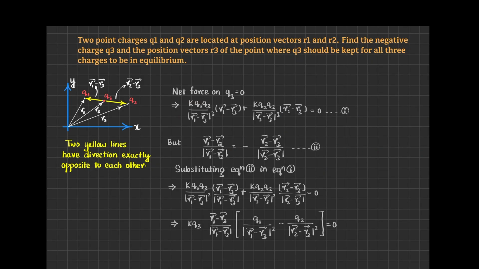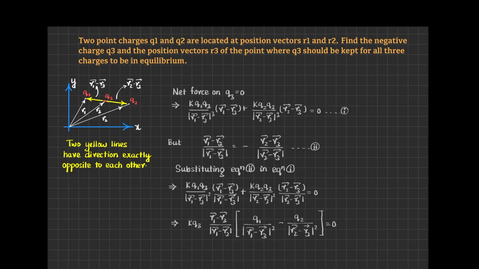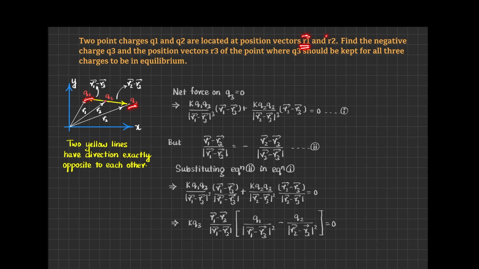Now let's look at this example. Now this example is exactly same as the previous example. Here also we have two charges q1 q2 and we need to place a third charge somewhere, but here the charges q1 and q2, their position vectors are given as r1 and r2. These r1 and r2 are in vector format.